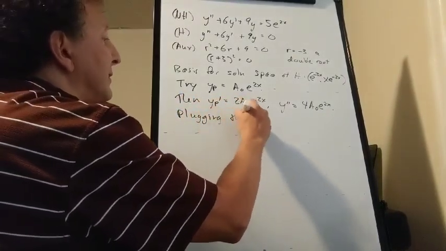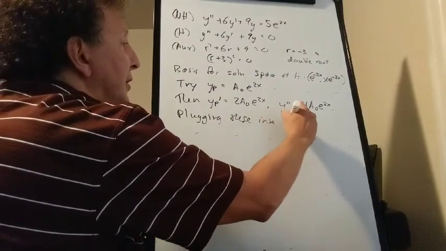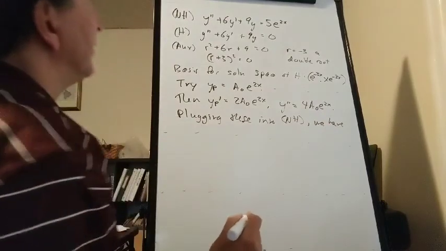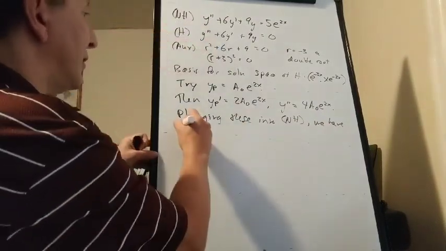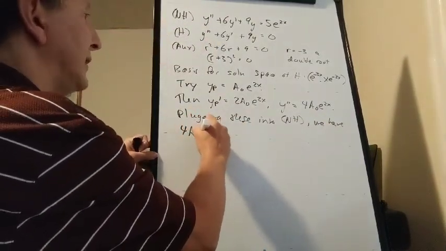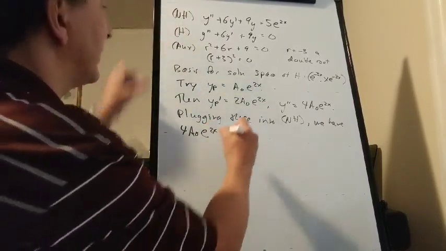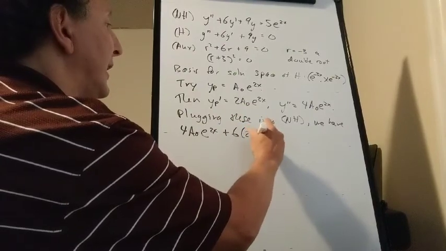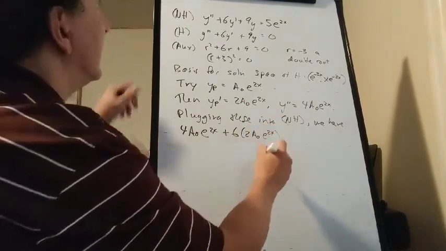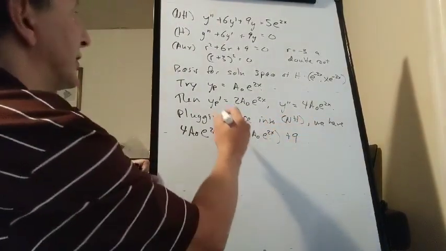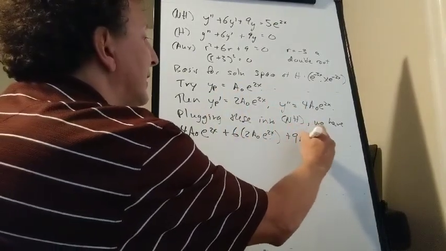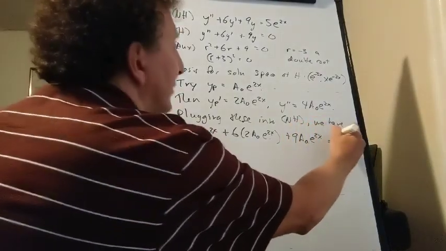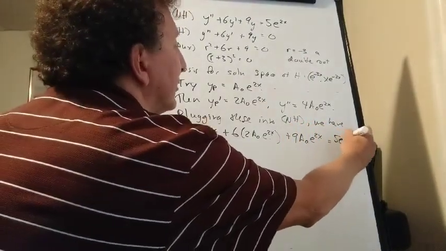Then plugging these into the non-homogeneous differential equation, we have second derivative 4a0 e to the 2x plus 6 times the first derivative, 6 times 2a0 e to the 2x, plus 9 times the original function, 9a0 e to the 2x, equals 5e to the 2x.